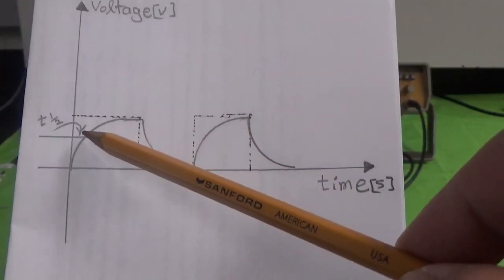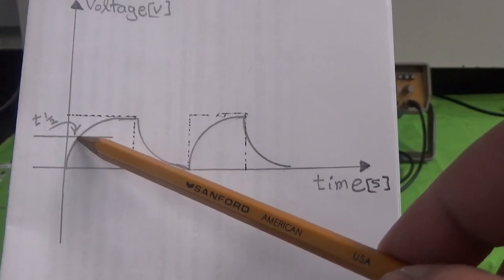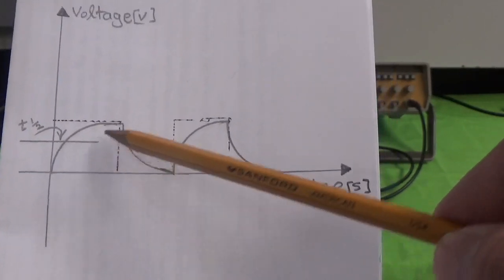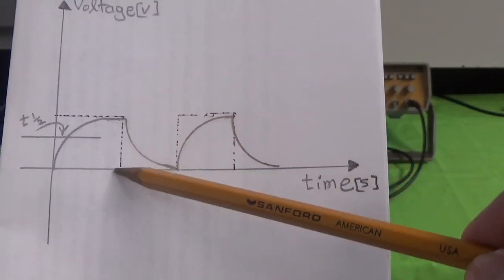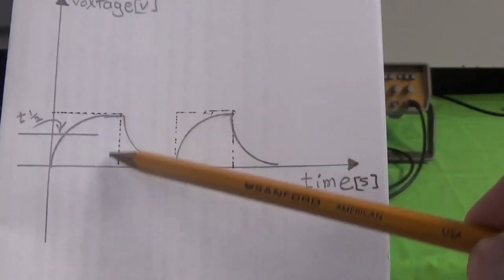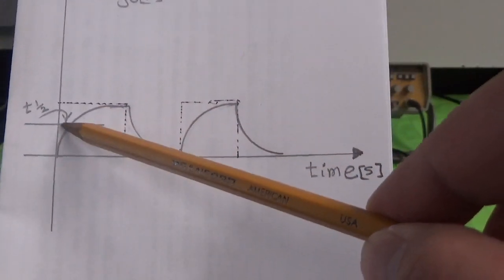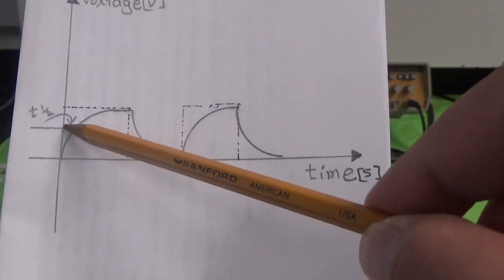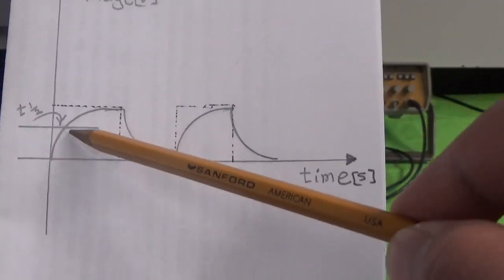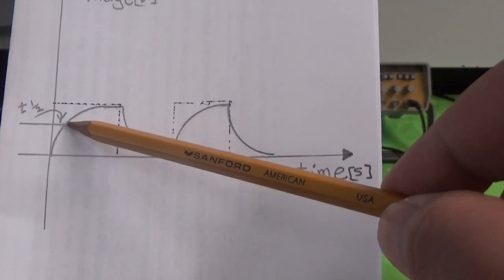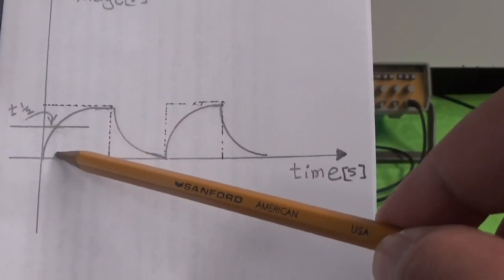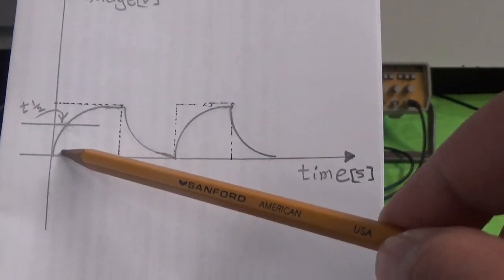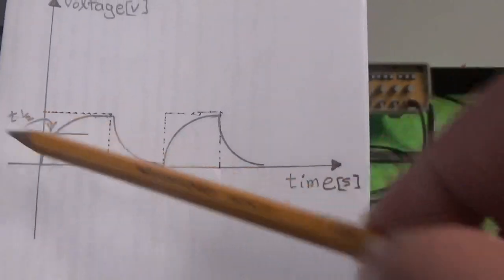So t half can be measured by dividing the voltage amplitude by 2. When we divide the voltage amplitude by 2, we will have this much right here, and this number corresponds to the time value right here, and this time value is t half.